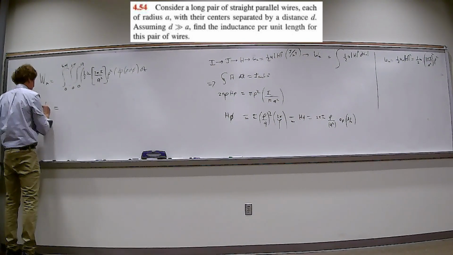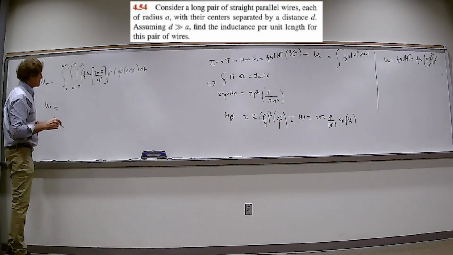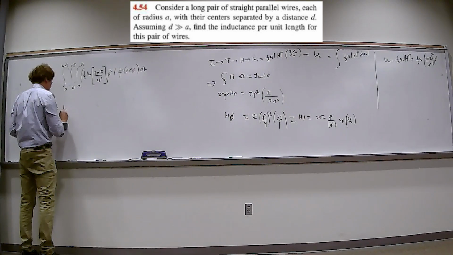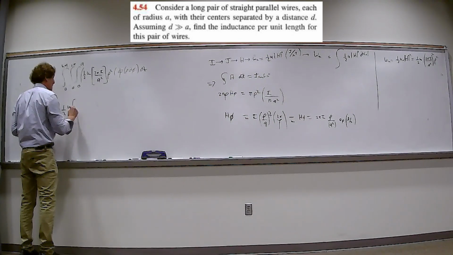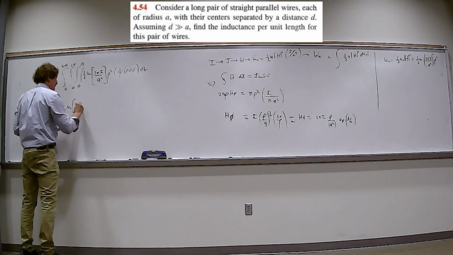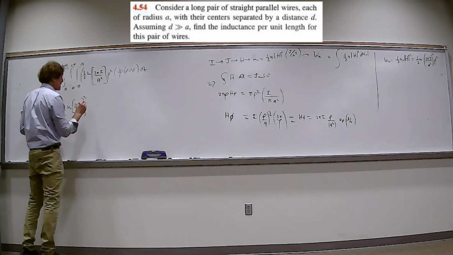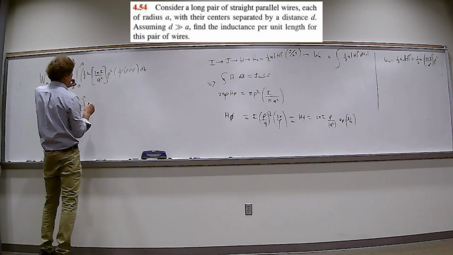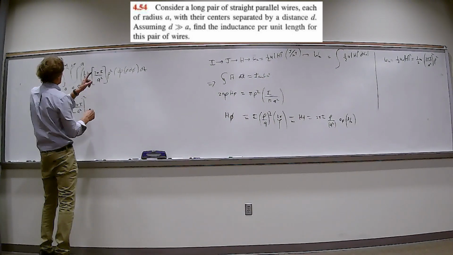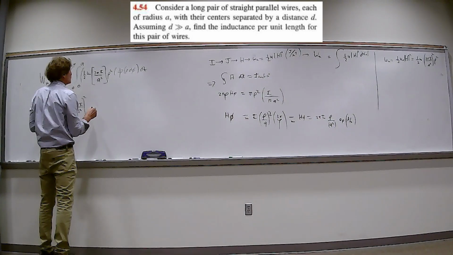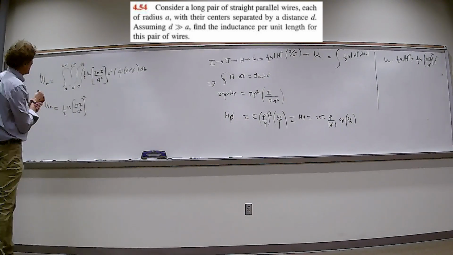So we get W_m. Let's take all the constants out in front. So I have 1/2 mu 0, I over 2 pi a squared, whole thing squared, right? Then I think that's it. I integrate rho squared d rho. I get rho cubed. Wait a second, did we miss a rho?